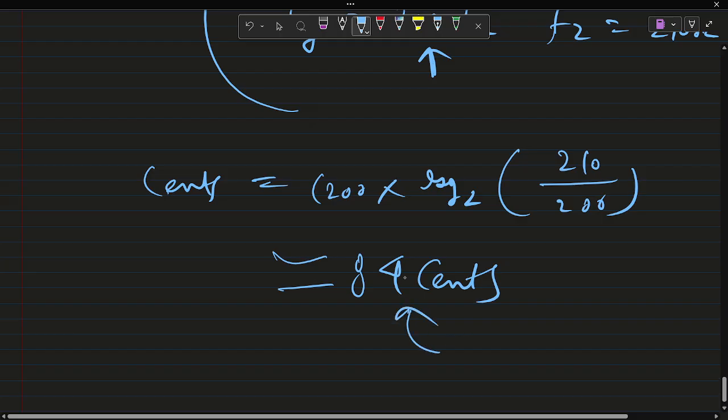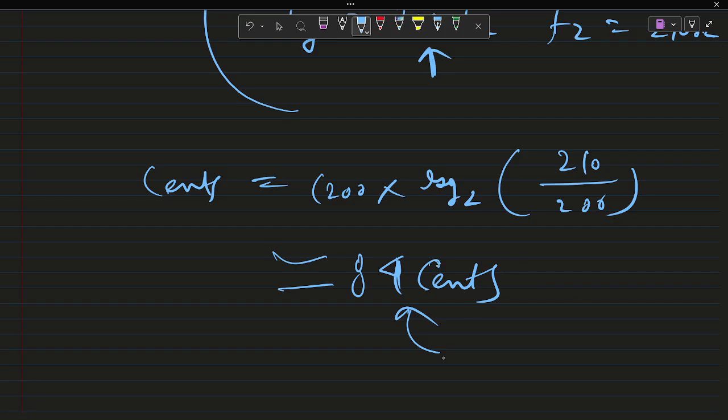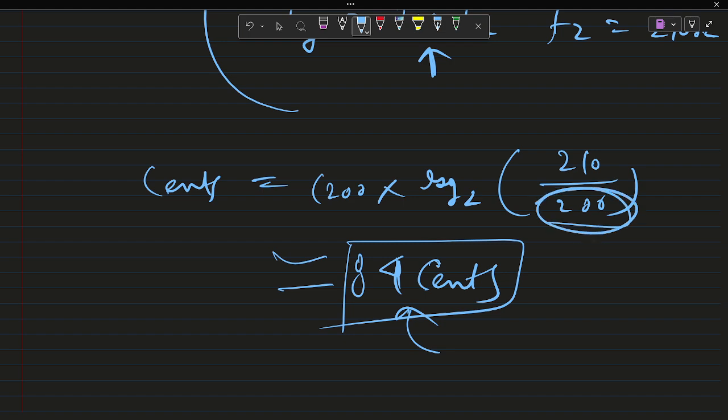84 cents. So you are just 16 cents lesser than a semitone, because a semitone means 100 cents. A semitone interval means 100 cents, and you are at 84 cents. So you are out of tune from this frequency. This frequency is 200 hertz, and if you go from 200 to 210, it's almost a semitone but not properly a semitone.